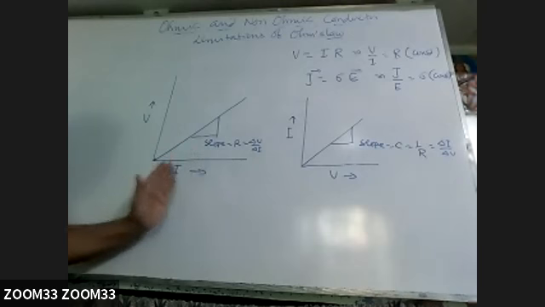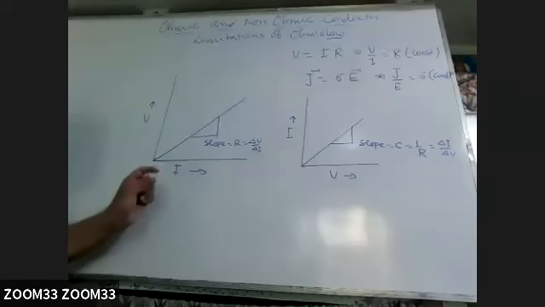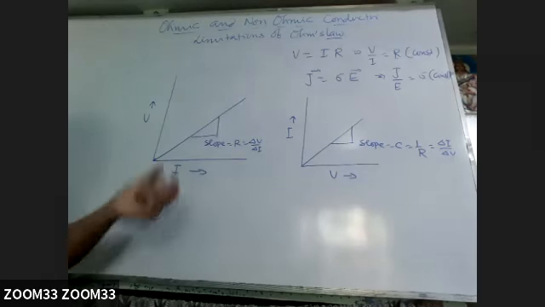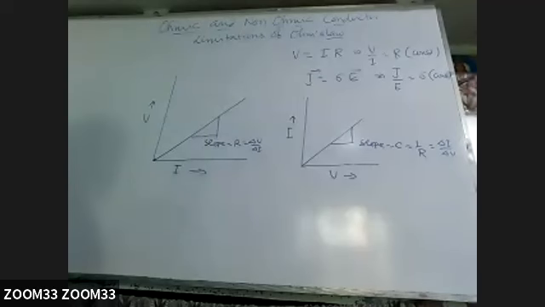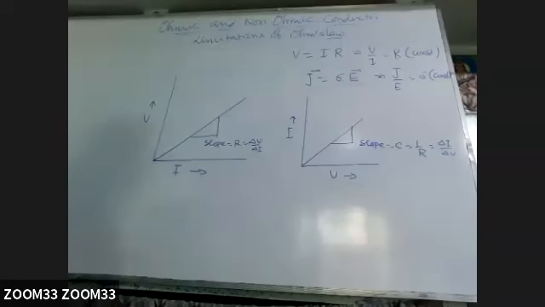If the current is within a certain limit, that is the case. What will happen if you keep on increasing the current passing through a metallic conductor? Whatever the metallic conductor may be, it has some resistance, so some heat will be generated. And heat generated means there will be a rise in resistance. So R will not be constant.